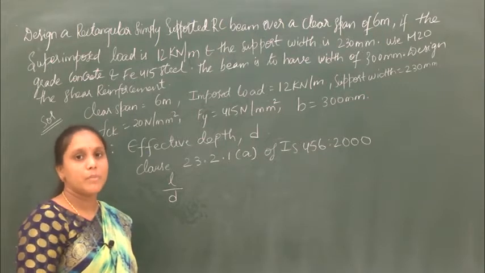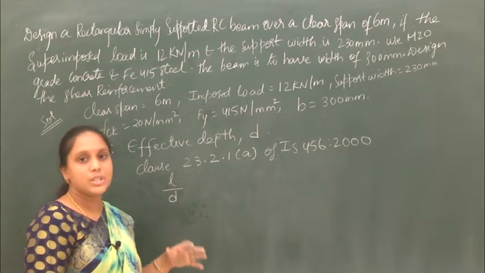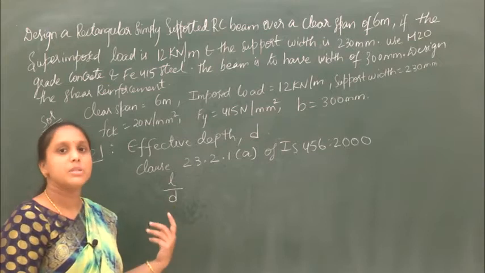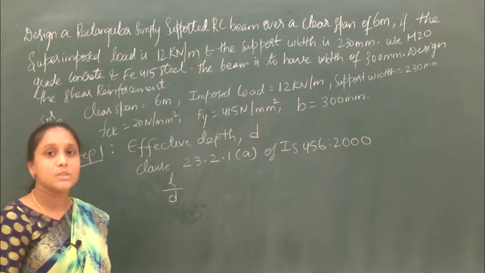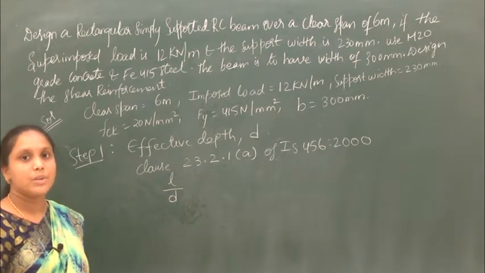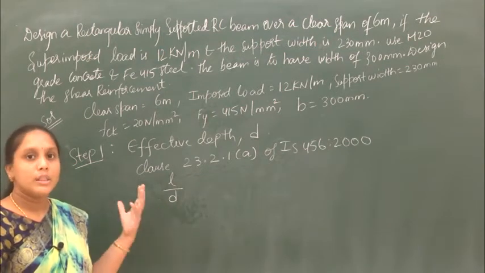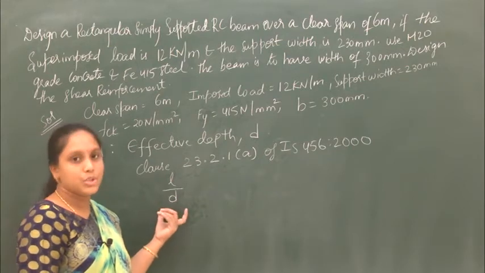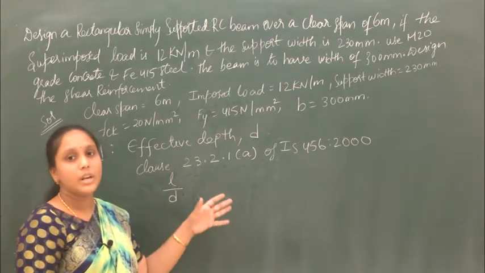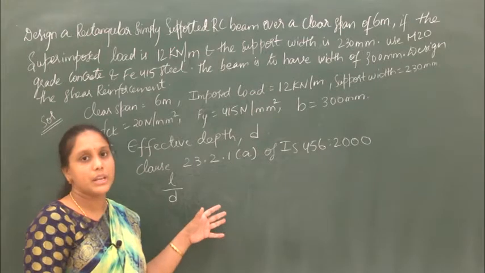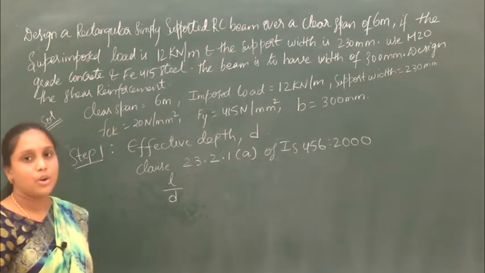If it is a simply supported beam, the L by D ratio is given. For cantilever beams and for continuous beams up to a span of 10 meters. So if the span is 10 meters and below, then the L by D ratios for different supporting systems are given in this particular clause.